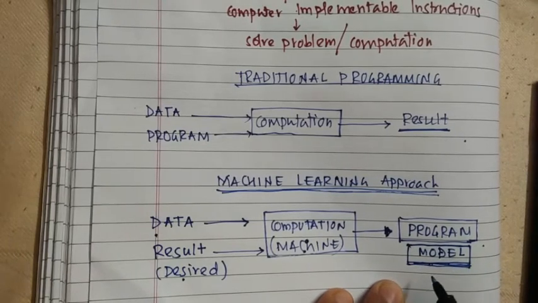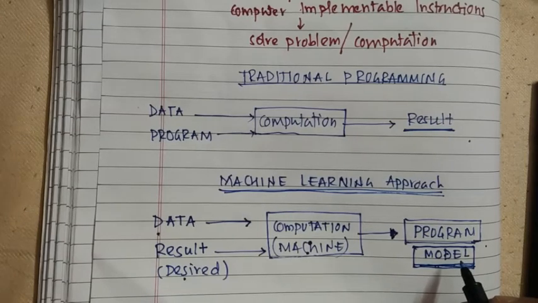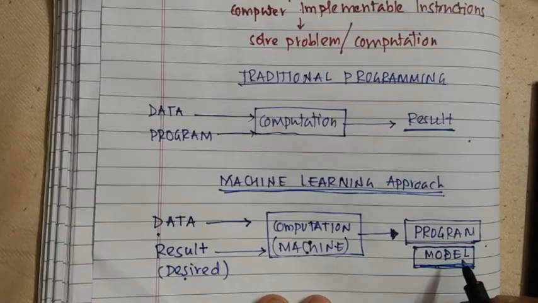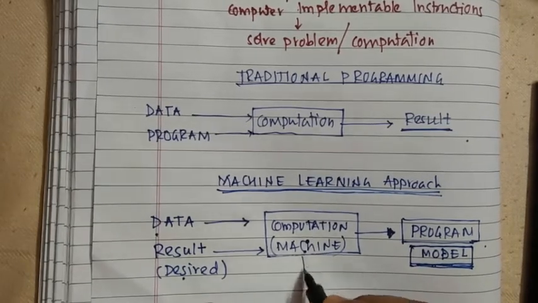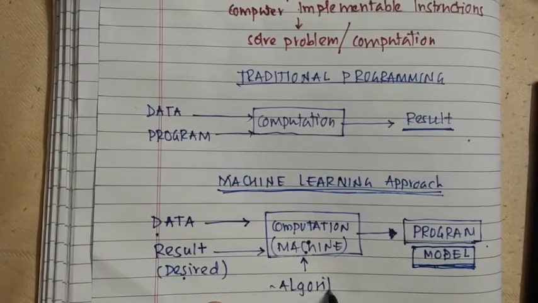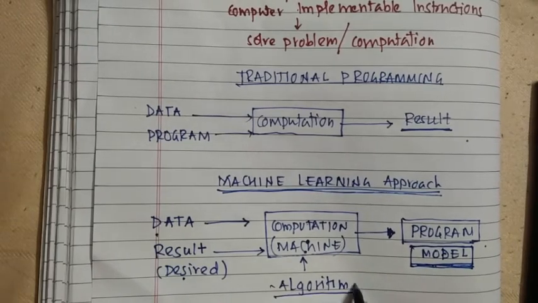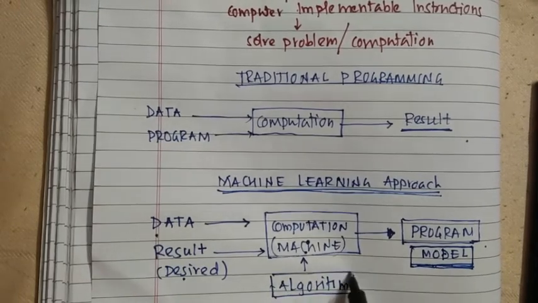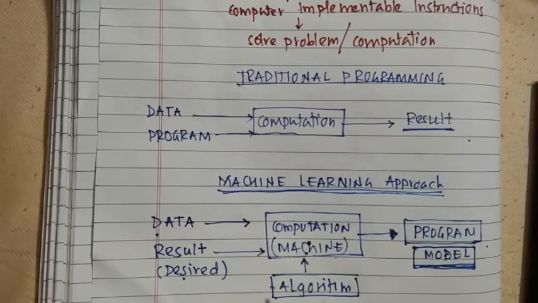This model is now ready to make predictions, or for recognition, to analyze patterns and many things. And what is here? Here is an algorithm, and we get a machine learning model.